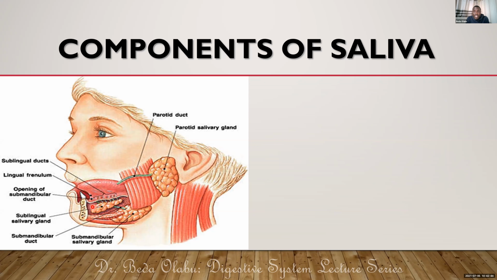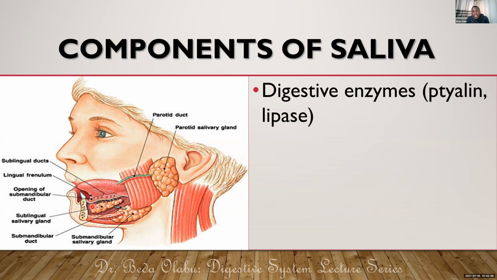What does the saliva contain? Saliva contains many things. Of course, there's water. This water has digestive enzymes. In specific, we have ptyalin, which we also call salivary amylase. This is the one that breaks down carbohydrates.